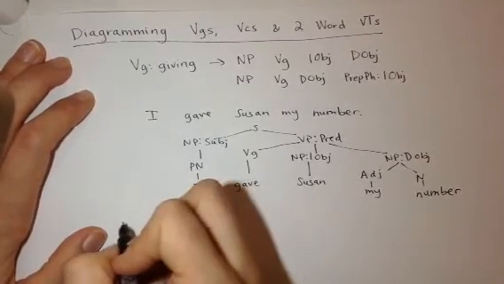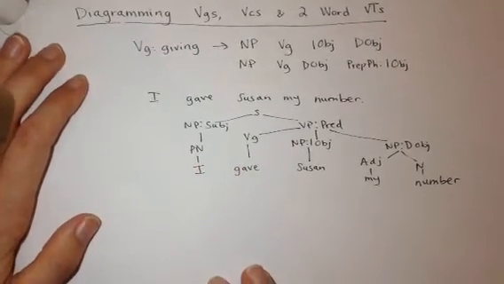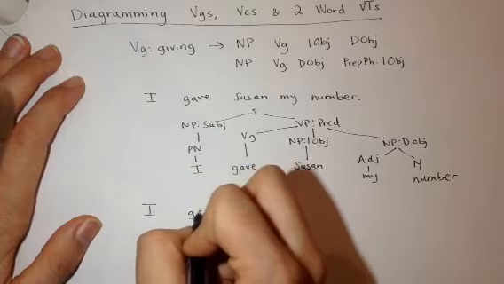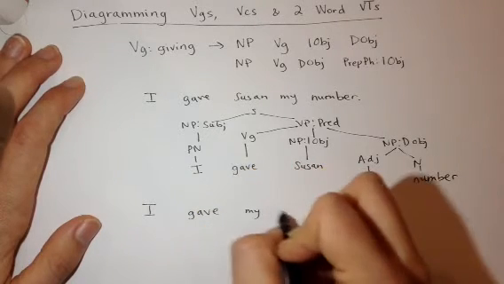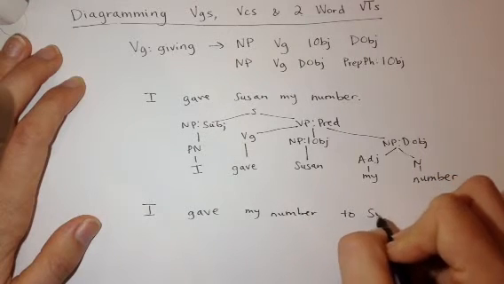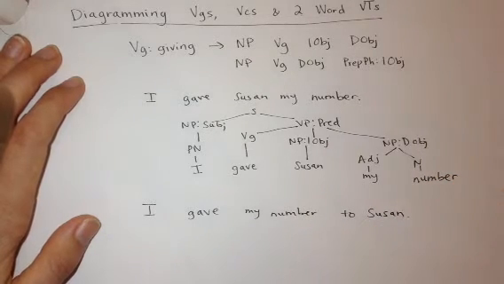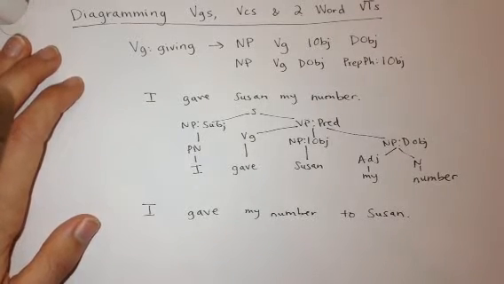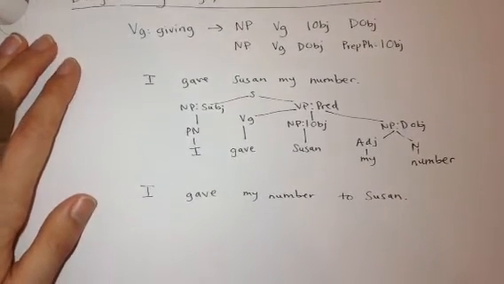Okay? This is where we get some trouble. What if I was to switch this and I was going to say, I gave my number to Susan? Okay? We need to just learn how to do prepositional phrases, and this is what I want you to look at.